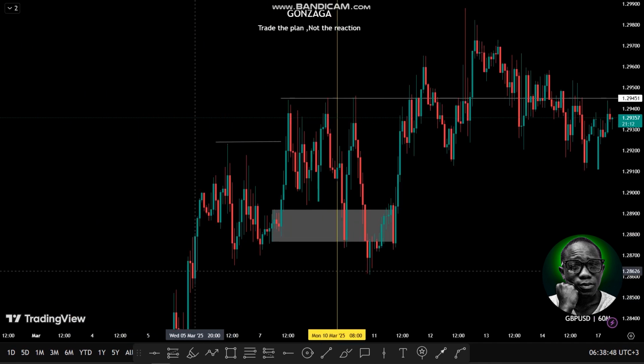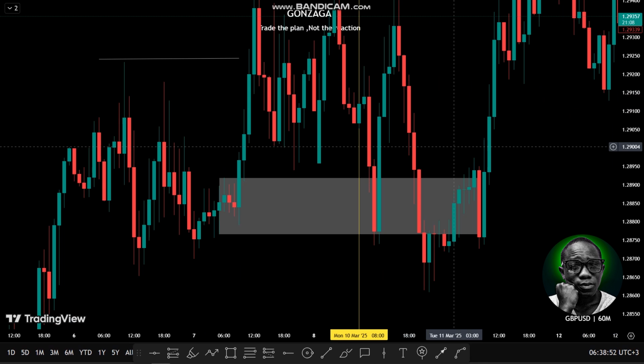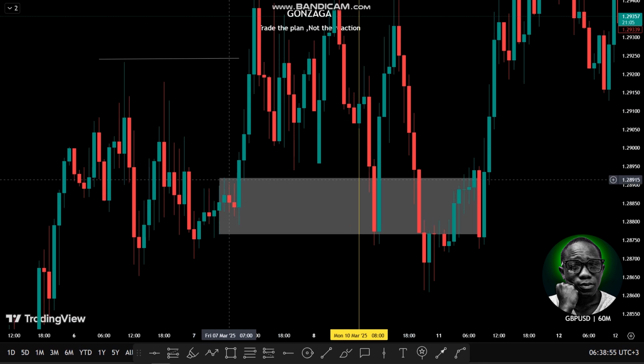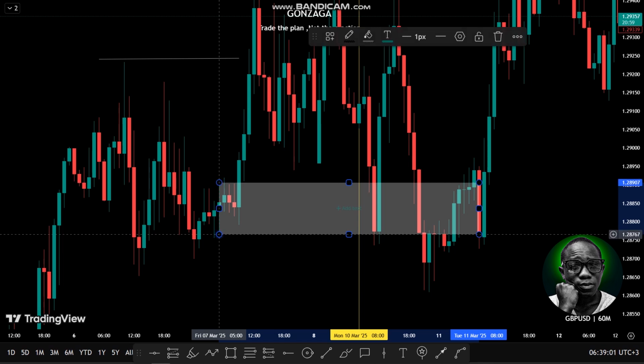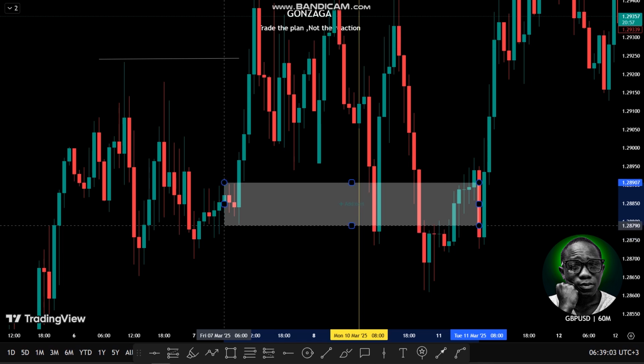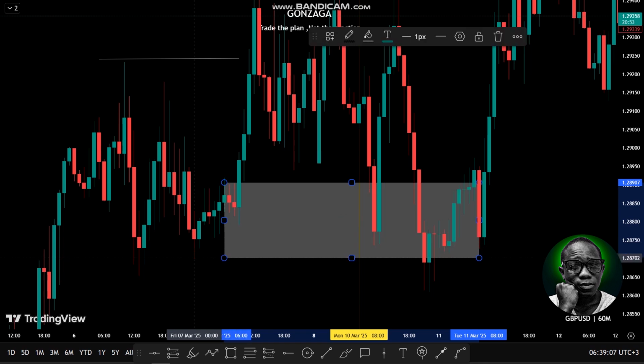So in going to the 1 hour, you can see this is the order block here. That's what we call refining. This is the order block, but this is the last higher low. So I mark my order block and take it up to the last higher low.